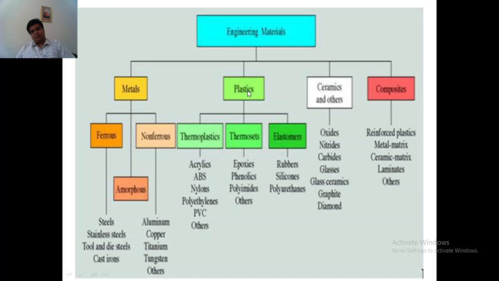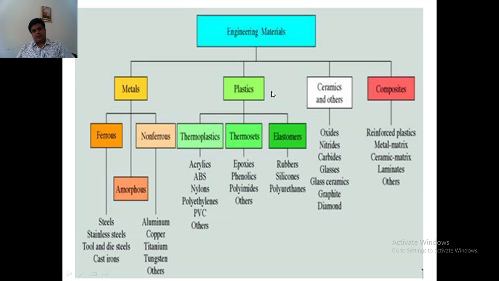Similarly, for electrical components we have electrical materials which have electrical properties. All the metals and alloys, or ceramics, are used in electrical applications because of their electrical properties. So all metals have different properties, mechanical properties, electrical properties, and so on.